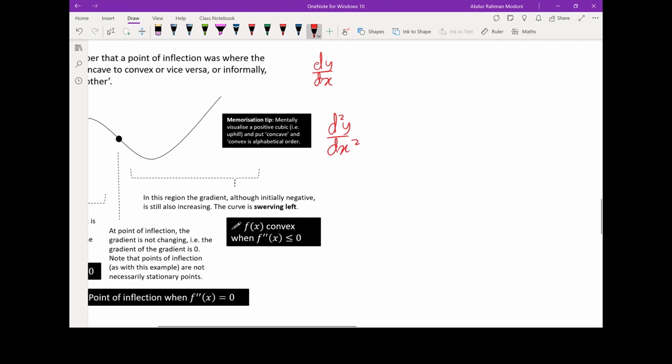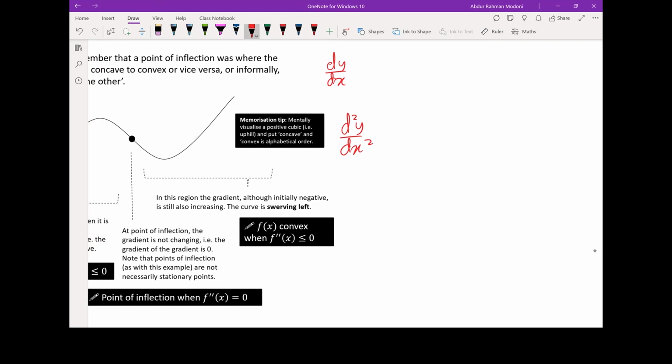Okay, so dy by dx, rate of change of y with x, and d2y by dx squared is the rate of change of gradient with x. So how does the gradient change?